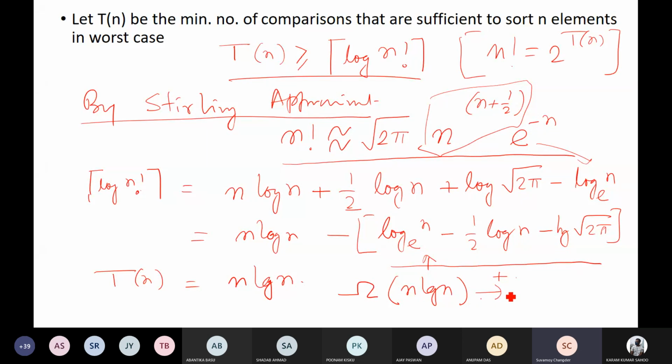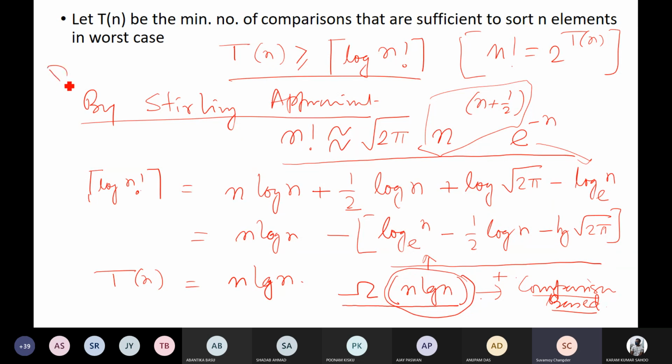Obviously, any sorting algorithm here means comparison based, not all. Counting sort and radix sort are not under this category. So we have proved that the lower bound for any comparison based sorting algorithm is order of n log n.